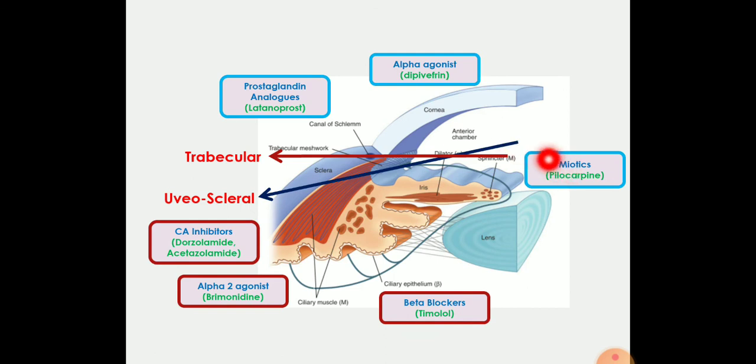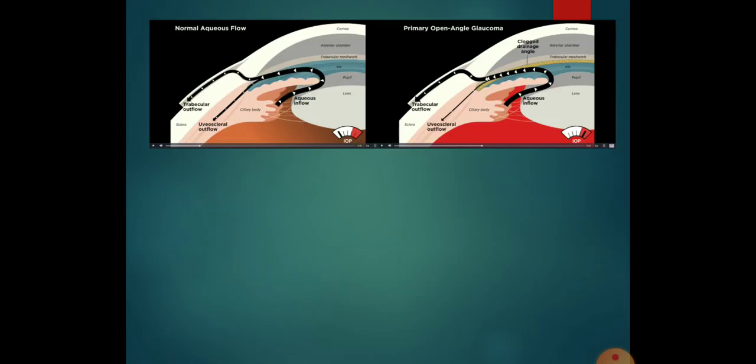Here is the miotic, the alpha agonist which is the dipivefrine prodrug, the prostaglandin analog like latanoprost, the carbonic anhydrase inhibitors like dorzolamide and acetazolamide, alpha 2 agonists like brimonidine, beta blockers like timolol, and in acute angle closure glaucoma you have to use the intravenous form of hypertonic mannitol, which is basically an osmotic diuretic.